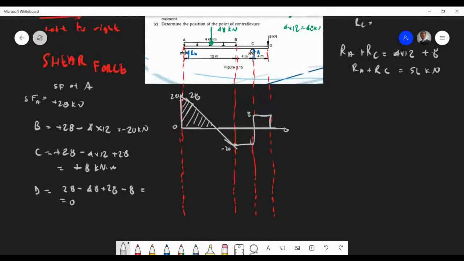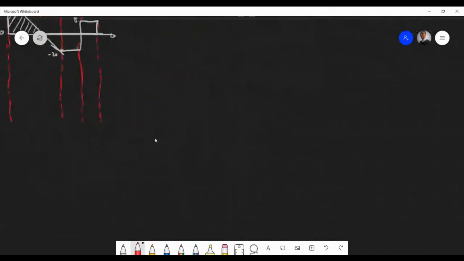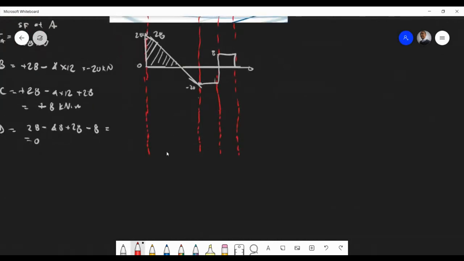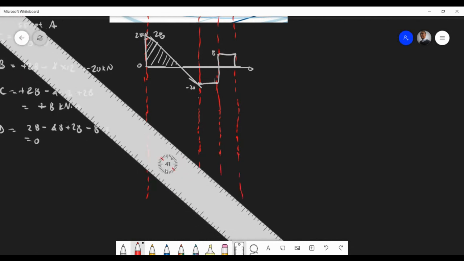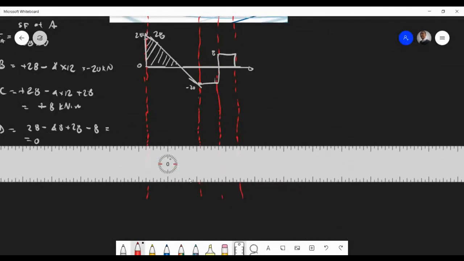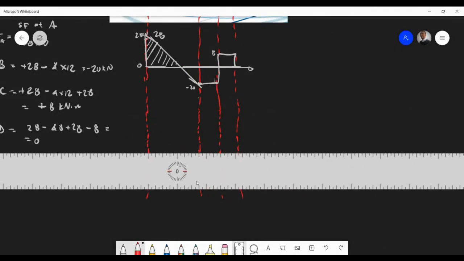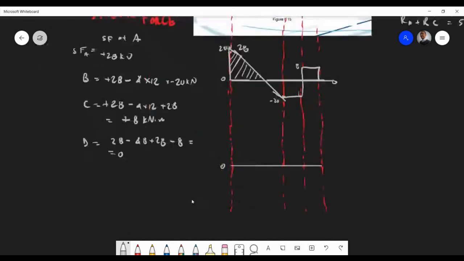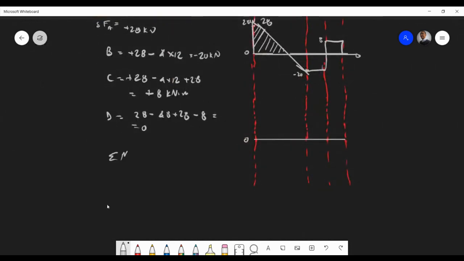Okay, so let's do the bending moment diagram now, right? So let's take moments. This is where you want to take moments. Okay, so guys, I want you to take moments at A, obviously, it's going to be 0. Can someone call out the moments for B for me?